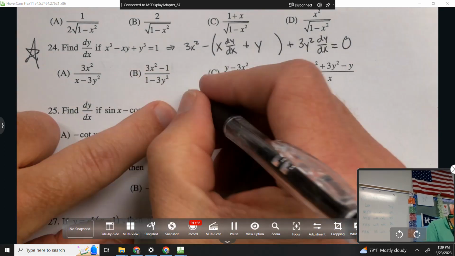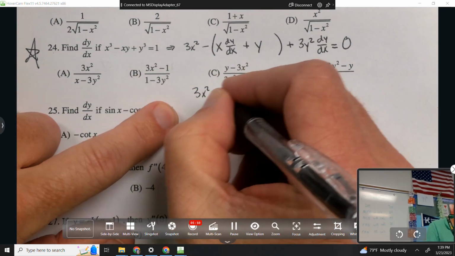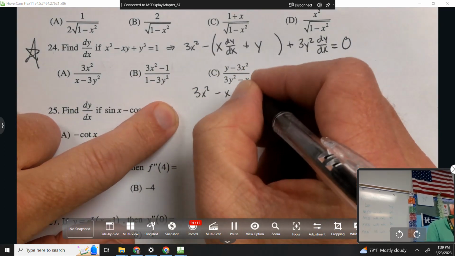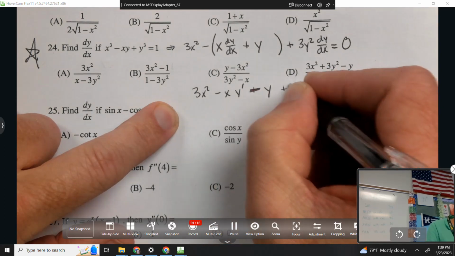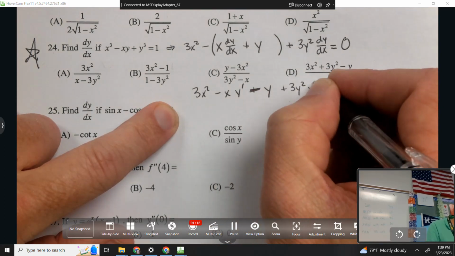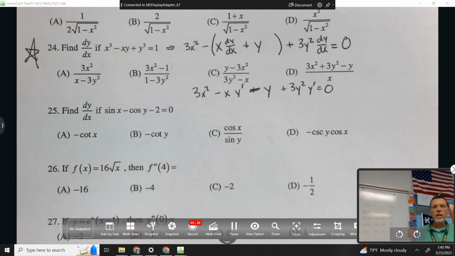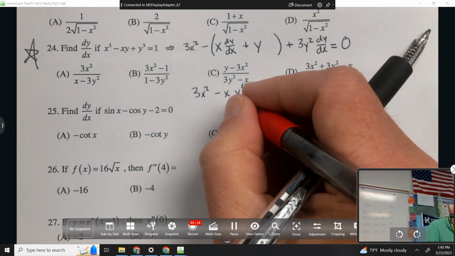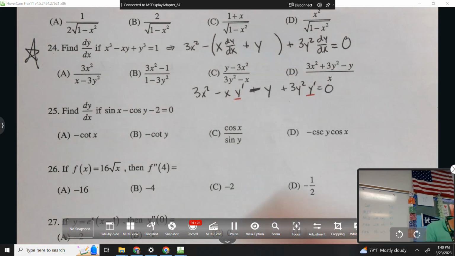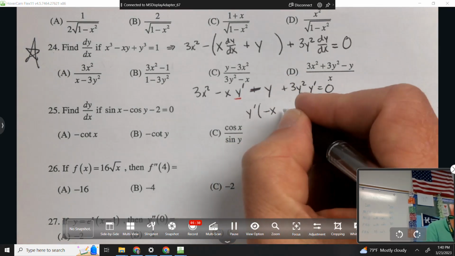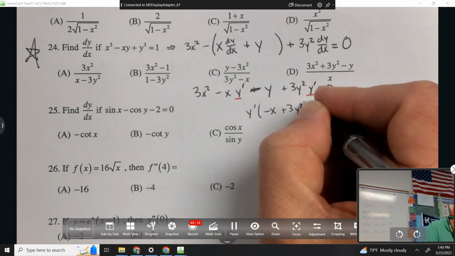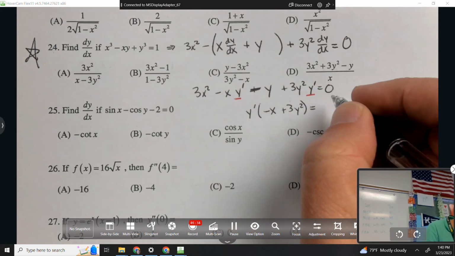So a little bit of algebra ahead of us here. 3x squared minus x. I'm going to switch to y prime just because it's easier to write. Let's see. So I'm going to factor out the y prime of the stuff that I can factor it out of and move the other stuff over.